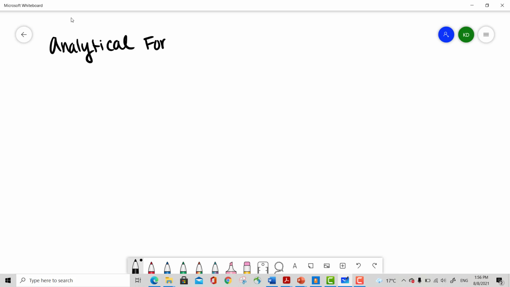Analytical form of the Kelvin-Planck statement.